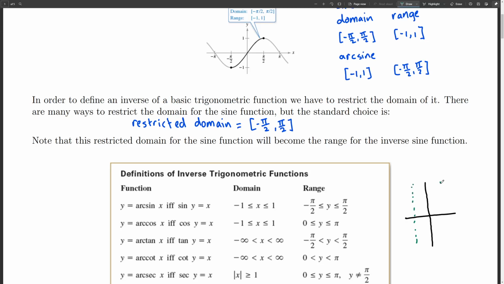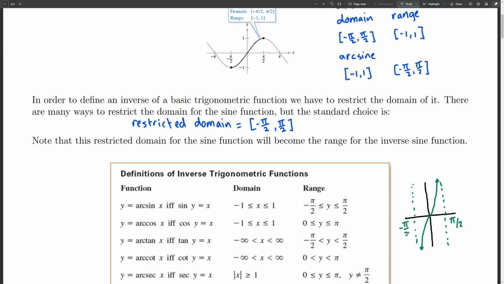So the 2 asymptotes for the tangent are at pi over 2 and at negative pi over 2. And then the tangent runs between those 2 asymptotes, and then it repeats.